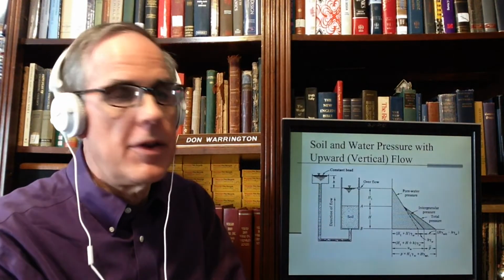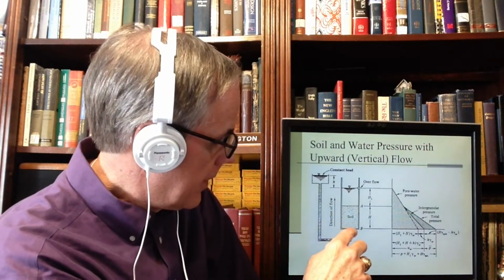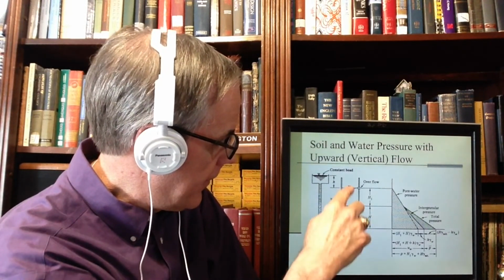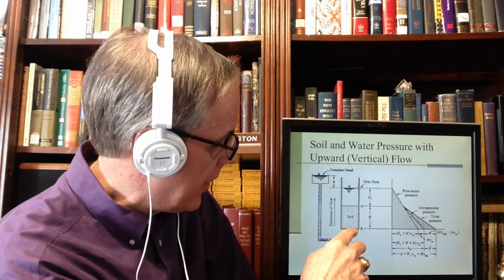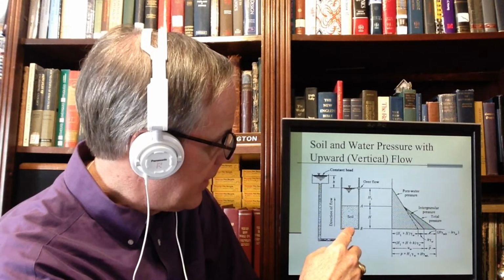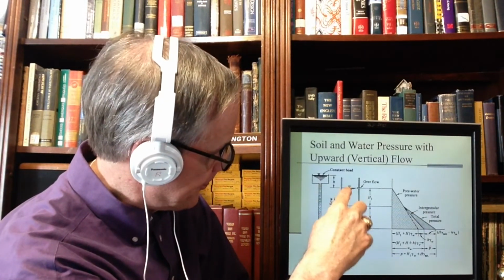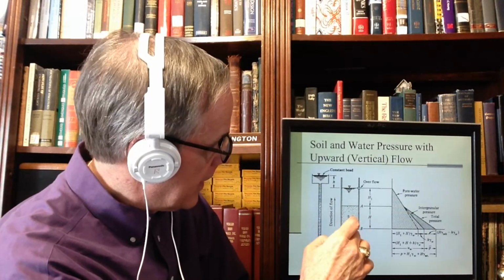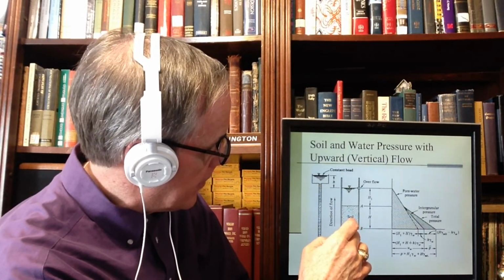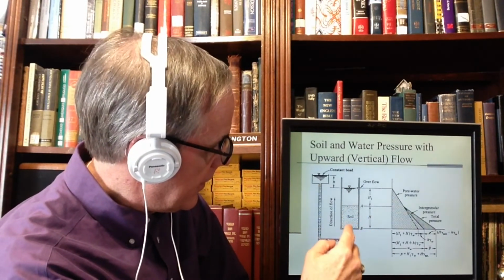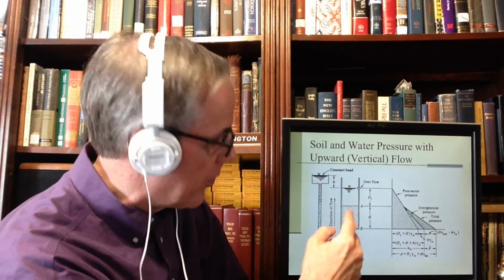The thing about it is, if I compare the effective stress here and under hydrostatic conditions, this hydrostatic head is going to be less than this. This actually increases the pore water pressure.